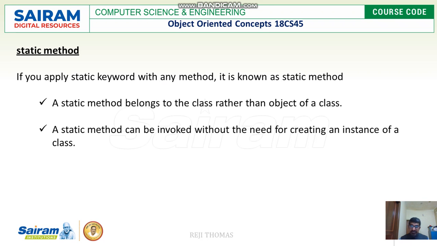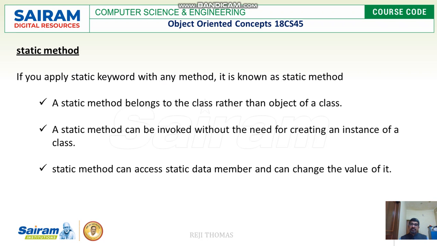The instance of the class is going to be the object. So without creating an object, we can access these methods. And a static method can access a static data member. We have seen what is a static data member. Now we are going to see what is a static method.